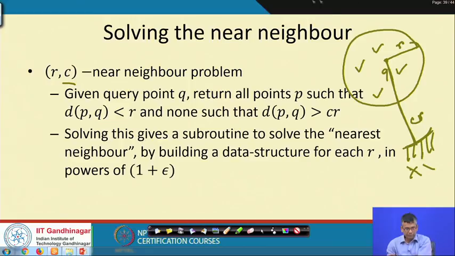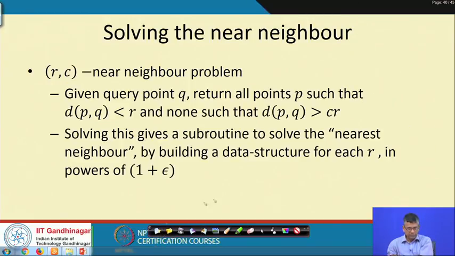Okay. So, why is this an important subroutine? Suppose you have a subroutine to do this, then at least theoretically what you could do is as follows. You could start with r to be the radius of the entire data set and decrease it in powers of 1 plus epsilon. So, you get a logarithmic number of possible values of r, and build a data structure for each of them.